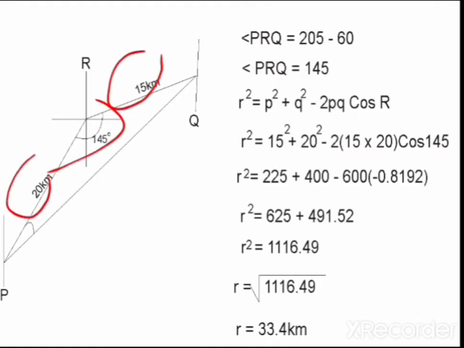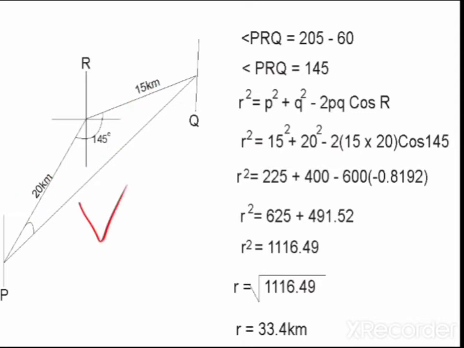Now since we have gotten two sides and an angle in between, what we simply apply here is the cosine rule, because you can apply the cosine rule when two sides are given and an angle in between, or when the three sides are given. So let's apply the cosine rule. Here will be lowercase r, here will be lowercase p, and here will be lowercase q.